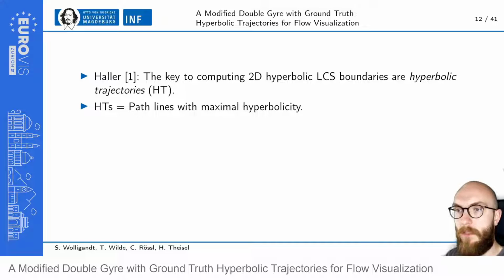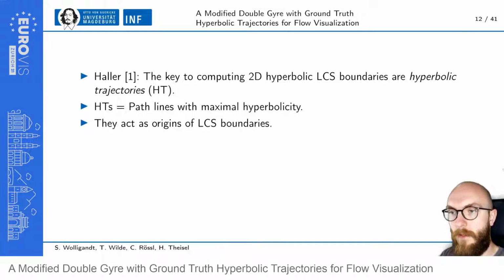Those hyperbolic trajectories are special path lines that have maximal hyperbolicity. And this means that each position of such a path line has to be in a hyperbolic region. These hyperbolic trajectories act as origins of LCS boundaries. And this is why they are the key to computing these hyperbolic LCS boundaries.